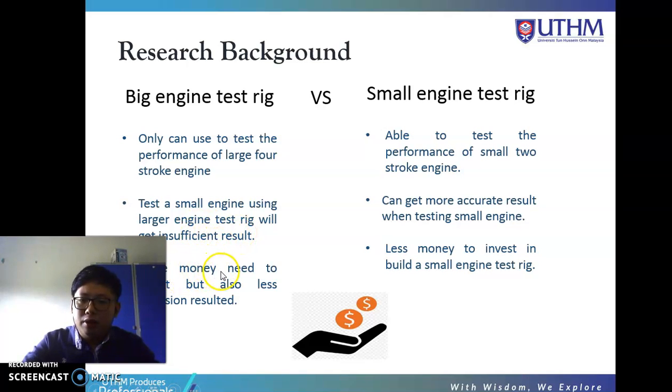More money needs to be invested, but the result is less precise. A small engine test rig is able to test the performance of small 2-stroke engines. It can get more accurate results when testing small engines, and less money is needed to build a small engine test rig.